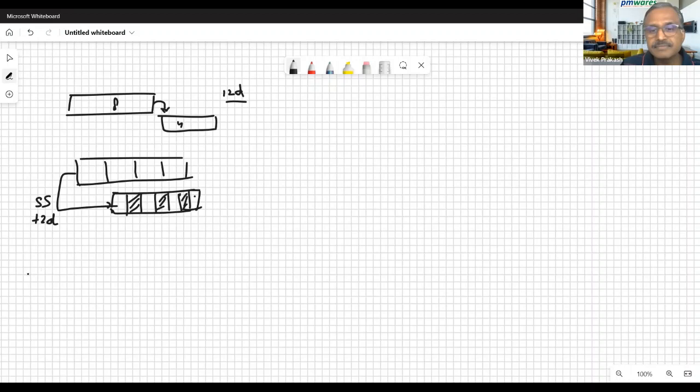But the whole time will reduce to 9 days. So this is how we can set SS plus 2 days. This is called lag. So we have delayed the successor by 2 days, though it is start to start.